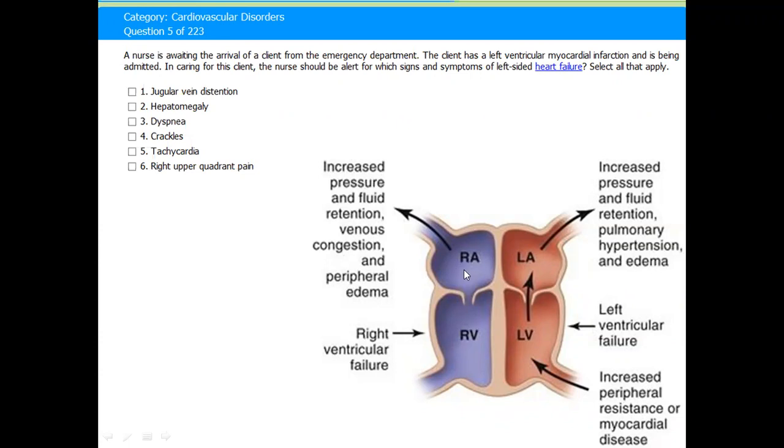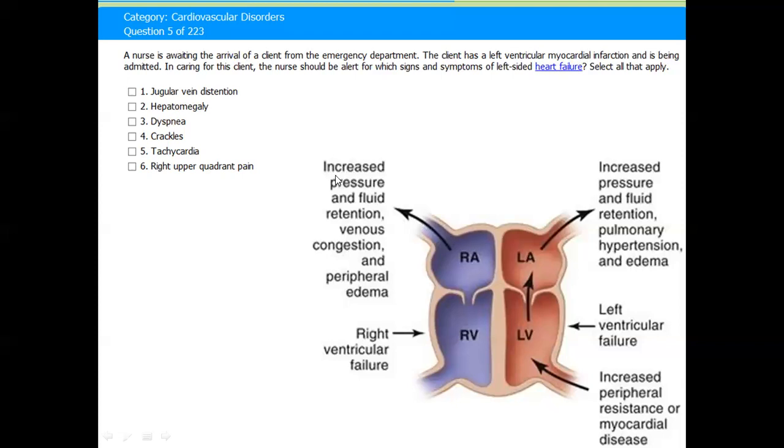When blood goes backward from the ventricle to the right atria, then from the right atria it goes back towards the right side of the body. Blood comes through the right side from the lower extremities, from the liver, from the abdomen.